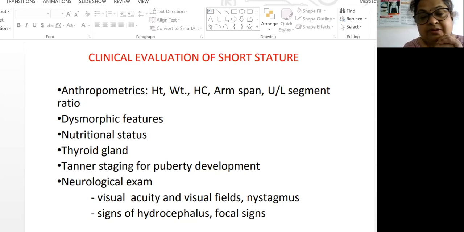Is it responsible for the short stature? Is it so much that it can cause short stature? Then thyroid gland, we have to assess its functions by thyroid function test. Then Tanner staging for puberty development. Then neurological examination, you have to see visual acuity and visual field, nystagmus, signs of hydrocephalus, and focal signs.